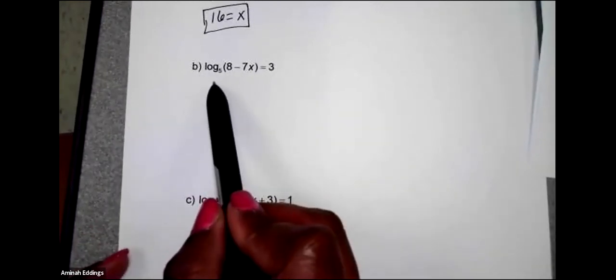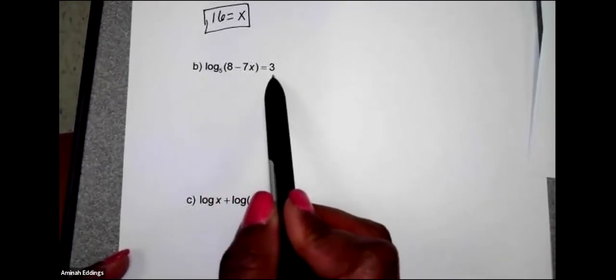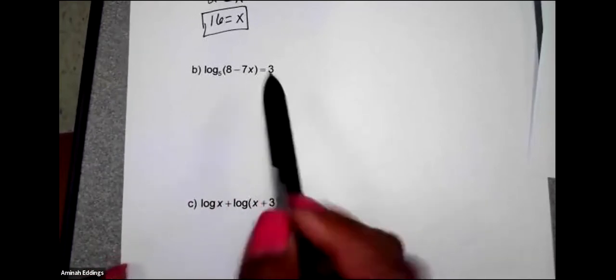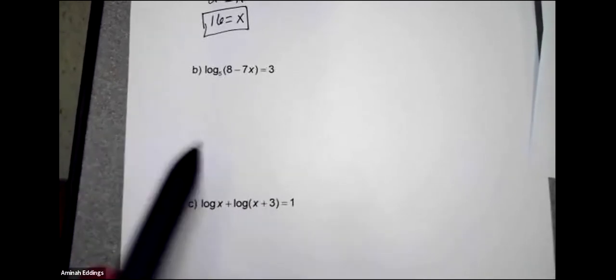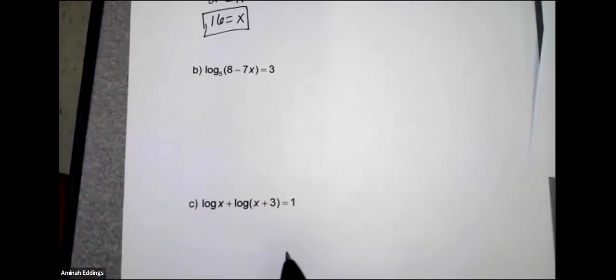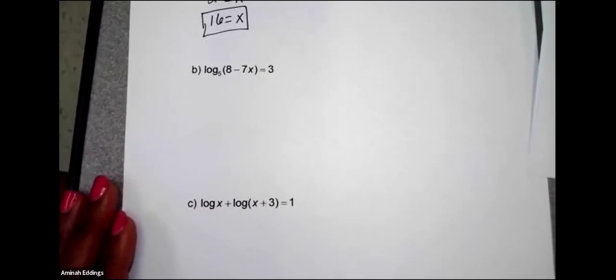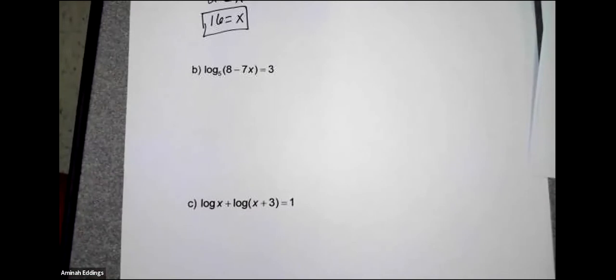Log base 5 of 8 minus 7x is equal to 3. Okay, how do you think we should work this one? Can we work it the same as we did on A? Why not? How many logs do we have? 1. So yes, we can.